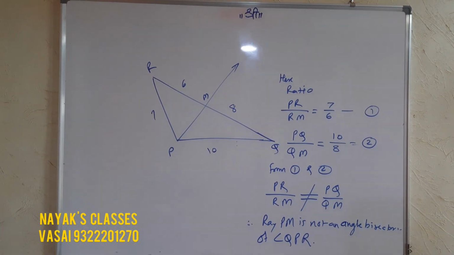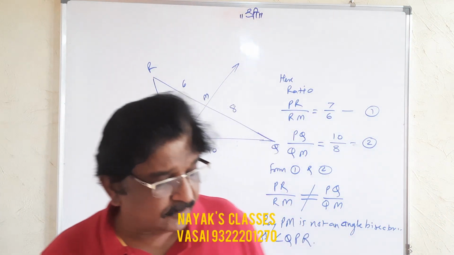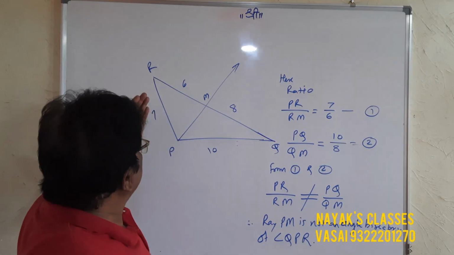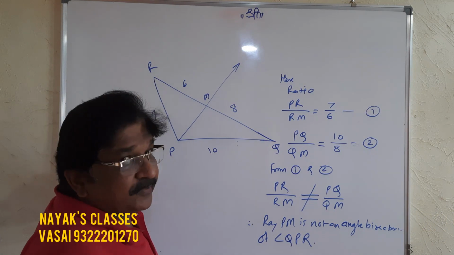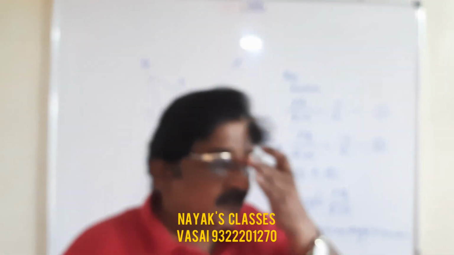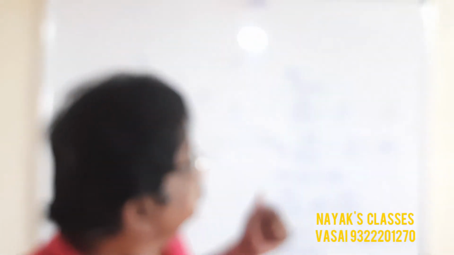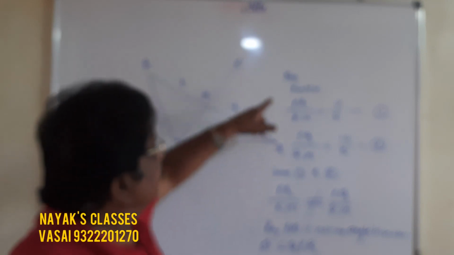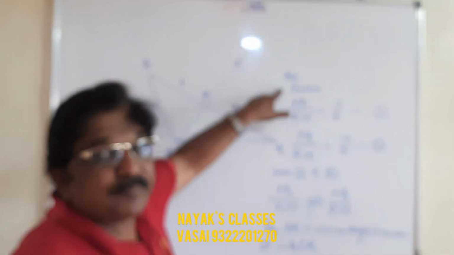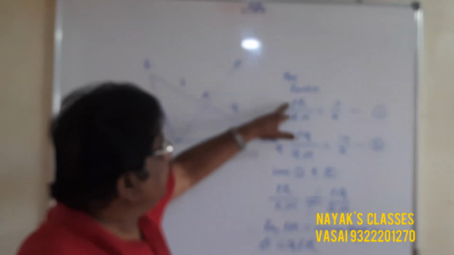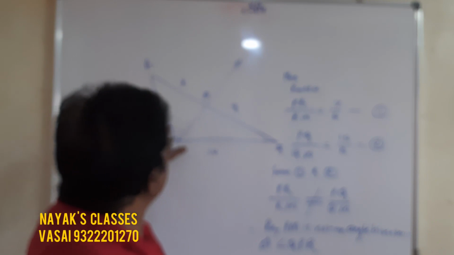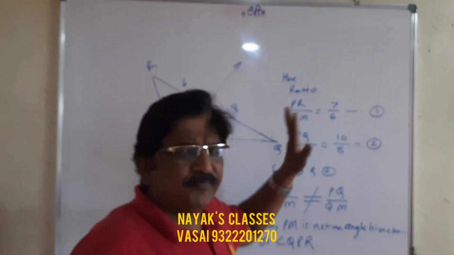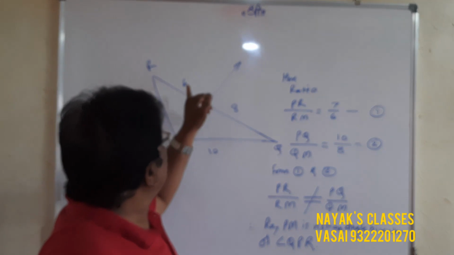So students, we are starting the second example, in which again a triangle QPR is given. The ray PM is also given, and the measurements are given. What we have to show now is to find out the ratio of given sides. So PR upon RM is equal to 7 upon 6. Always PR upon RM.